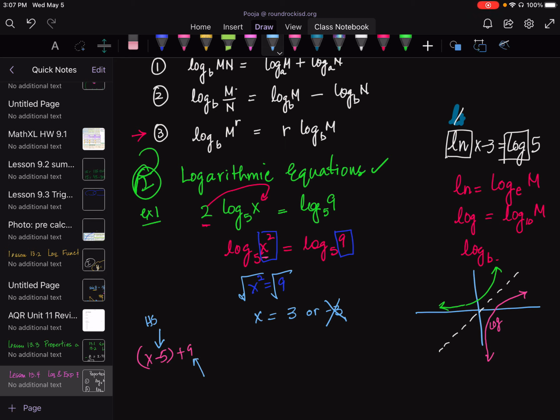And when we add or subtract a number at the very end of any function, that's responsible for vertical shift. Because this particular one doesn't have any, the domain and range are very similar to the parent log, which is this pink one. And you can see x values are not going to be negative, and hence I'm going to ignore that answer. And I have found the value of x, which is what this question is asking, find x.